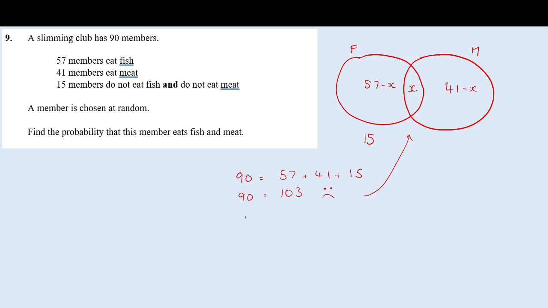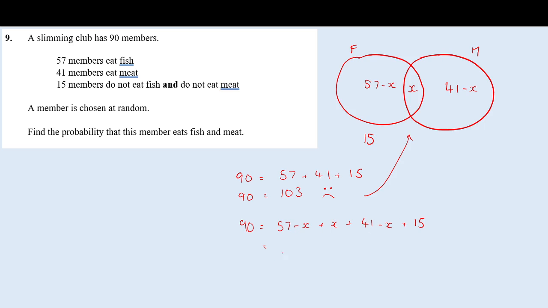Now in this case, I'm going to have 90 is equal to 57 take away x plus x plus 41 take away x plus 15. Now we know that 90 is going to be equal to this stuff sorted out. Take away x plus x is 0.